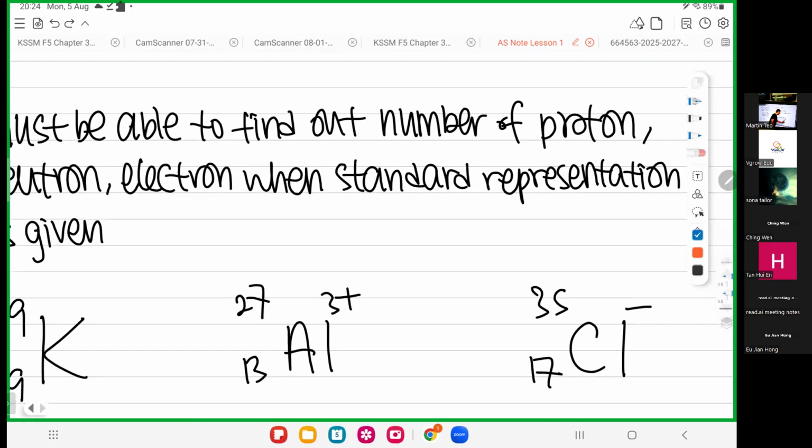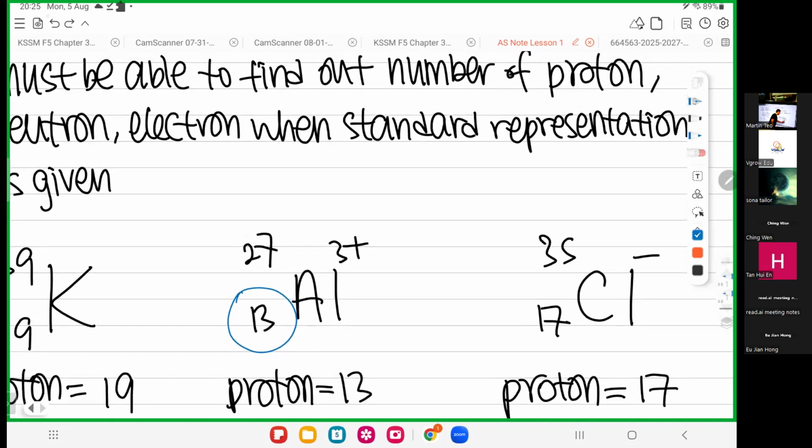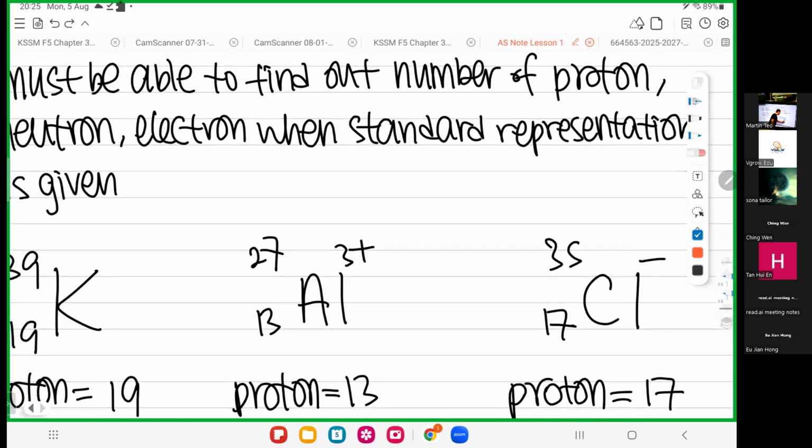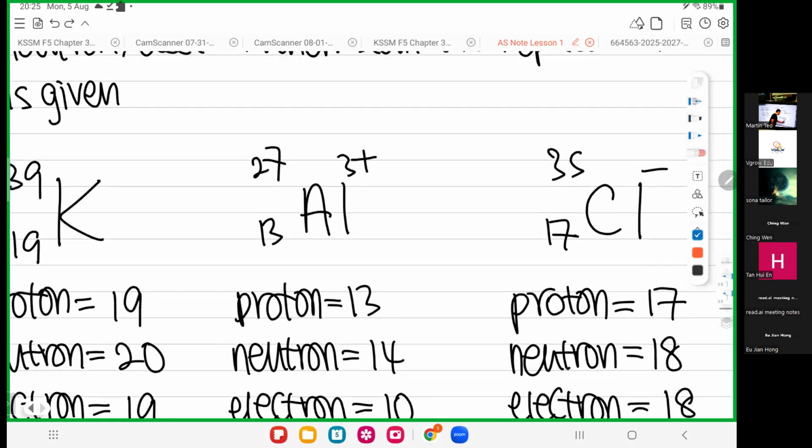Proton always takes the small number, no matter if it has charge or not. We don't care whether it has charge or not when it comes to proton. So it's still 13. Neutron also doesn't care about the charges at all. Neutron forever just takes the big number minus the small number. So 27 minus 13, you get 14.